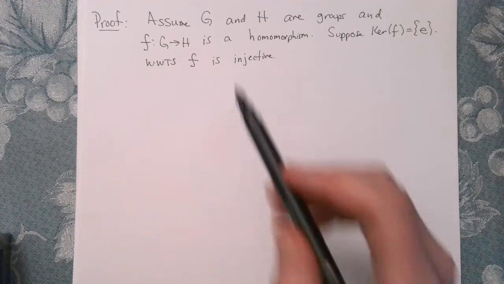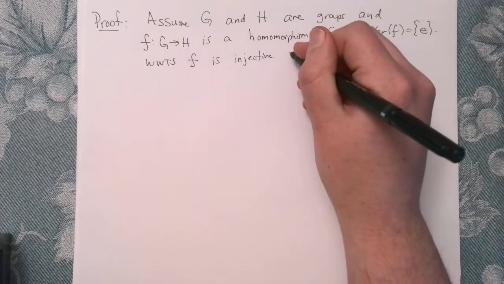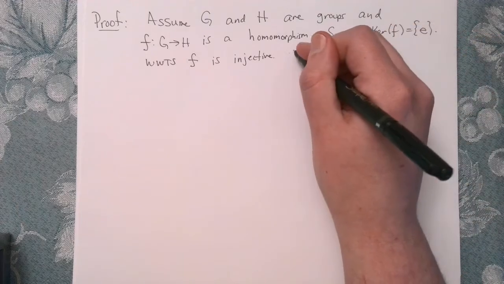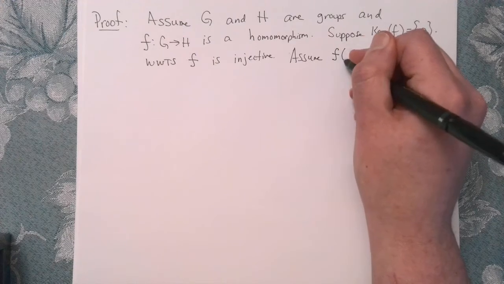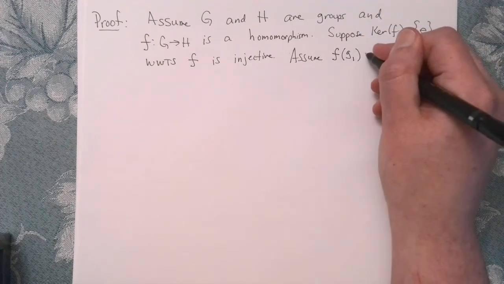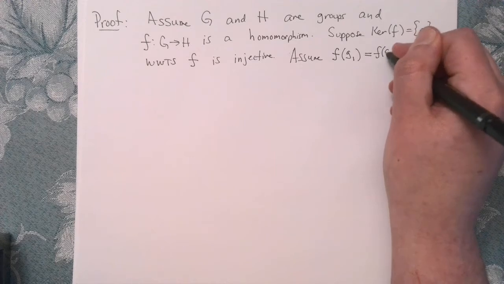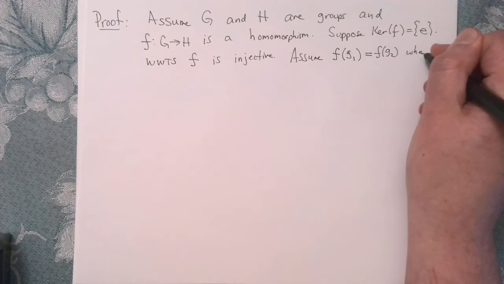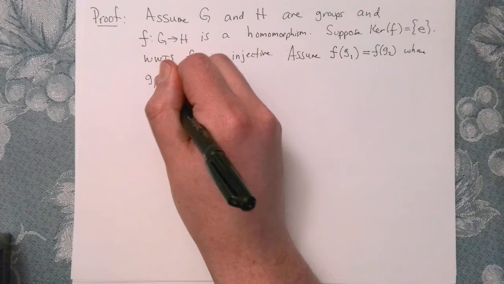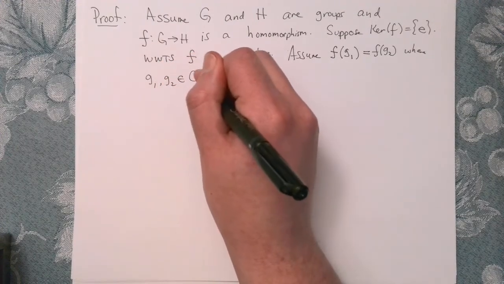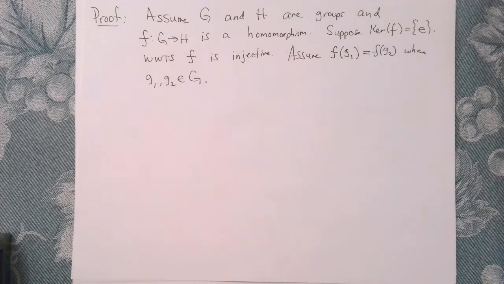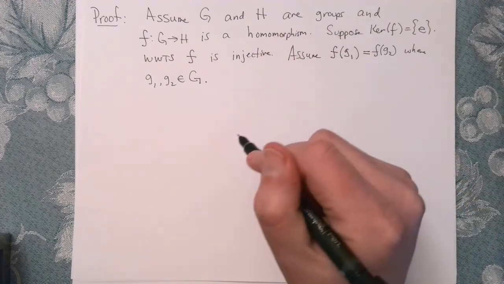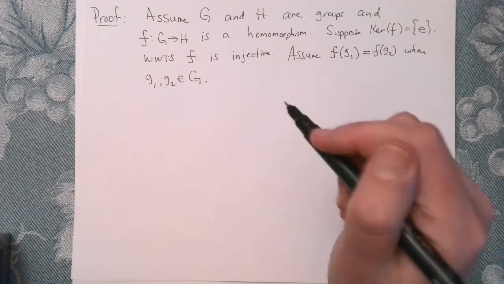So we want to pick two elements in G. And so let's assume that the image of G1 equals the image of G2, where G1 and G2 are elements of the group G. And we're going to introduce a helpful quantity and keep in mind the properties of homomorphisms.